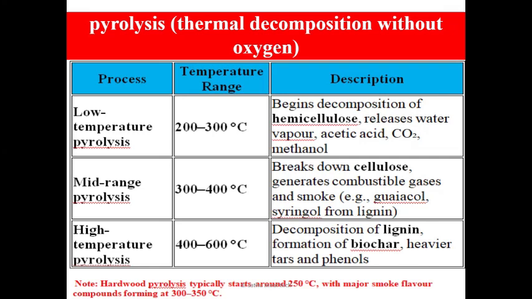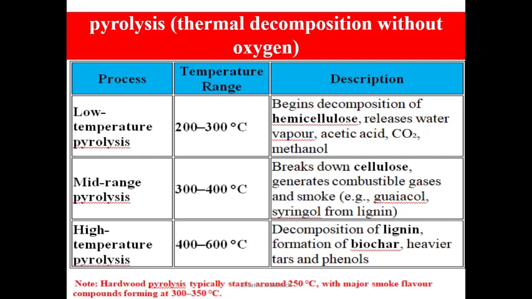In this temperature range, mainly the breakdown of cellulose will be taking place and generate combustible gases, and smokes like guaiacol and syringol, all from the lignin. Then high temperature pyrolysis normally starts around 500 to 600 degrees centigrade.